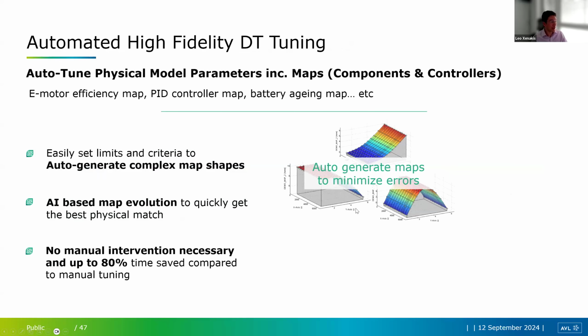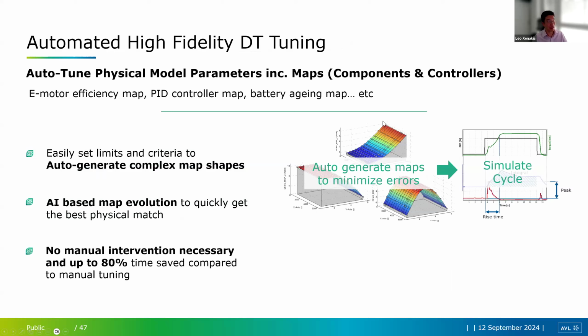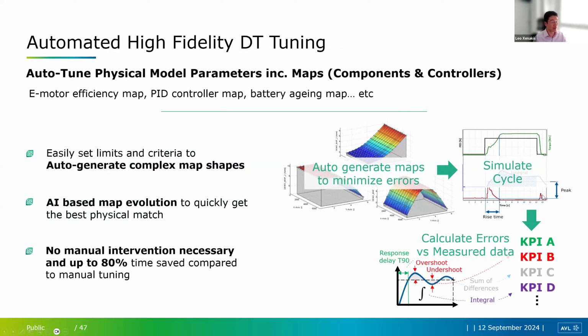And how this kind of works is, this is something that you can also do for controllers. So you can tune PID maps, for example, but essentially you have this auto generation of maps. You can simulate a cycle, see what you should have got versus what you got. You can work out all sorts of KPIs. If it's a controller, maybe some of these make more sense.